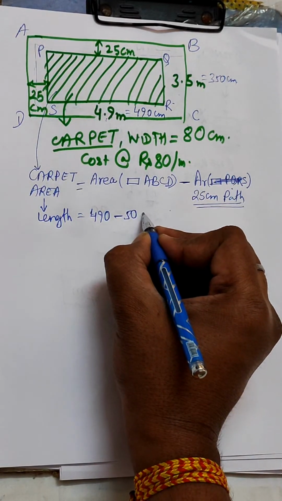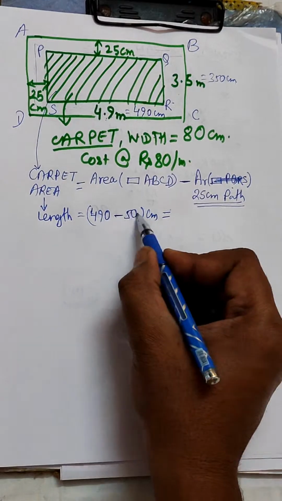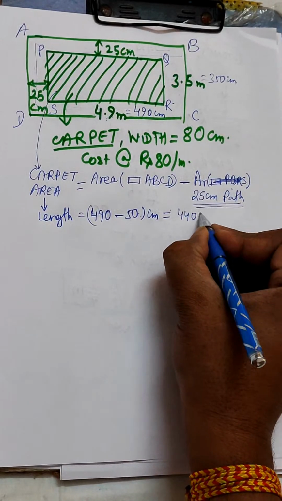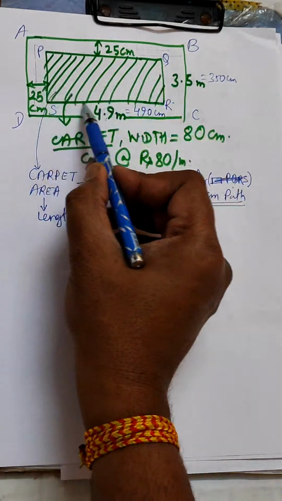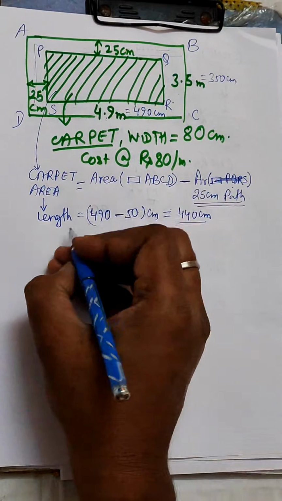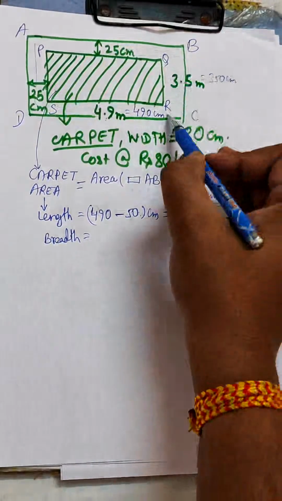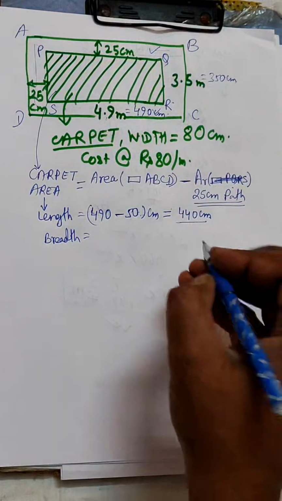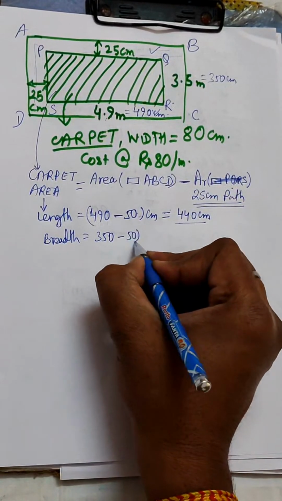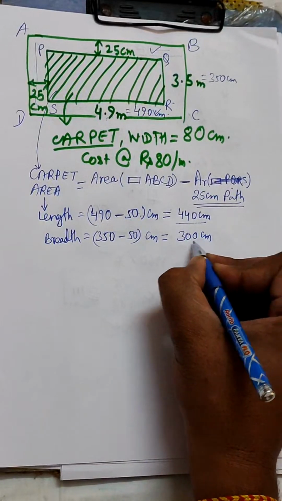So 490 minus 50, in centimeter, will be 440 centimeter. So the length of the carpet area will be 440 centimeter and breadth will be 350 minus 50 in centimeter. This will give you 300 centimeter.